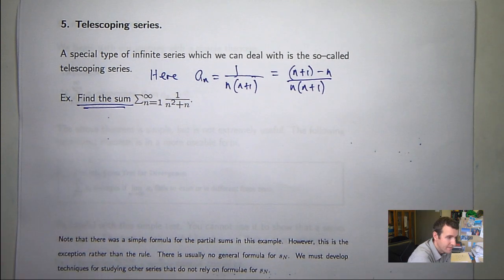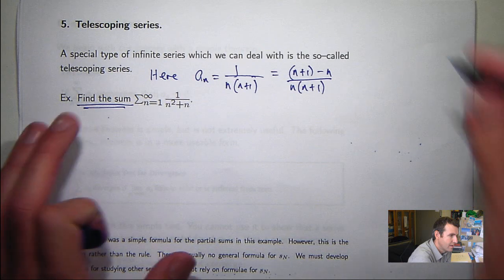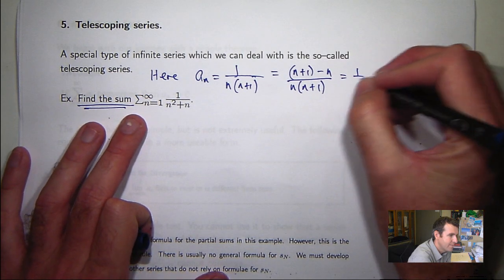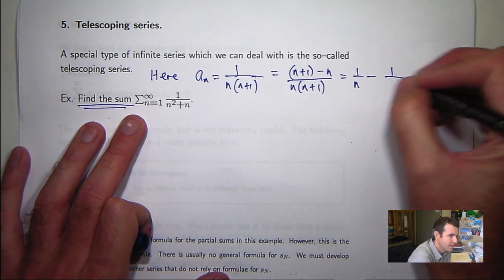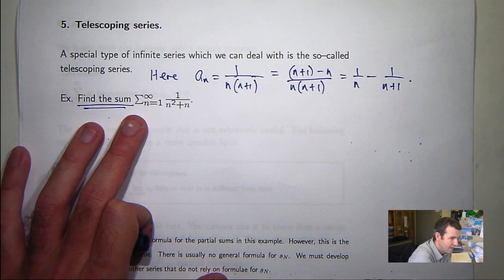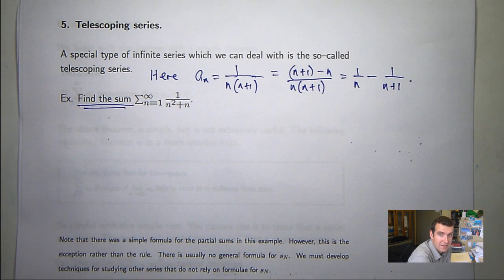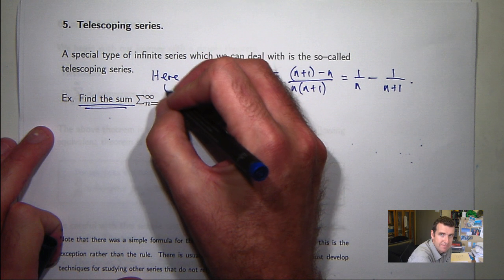So let me show you what I mean. Here I've added n to the top. I've taken n away, so I haven't changed it at all. And then I can break that up into two parts, and I'll get cancelling in both terms. So you can see now I've got two terms, 1 on n minus 1 on n plus 1.